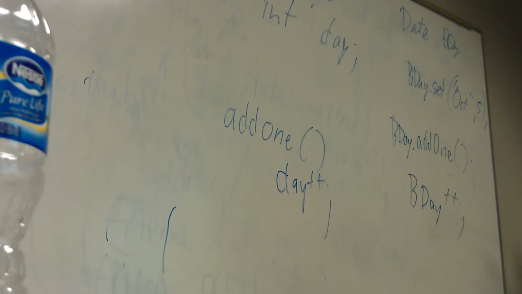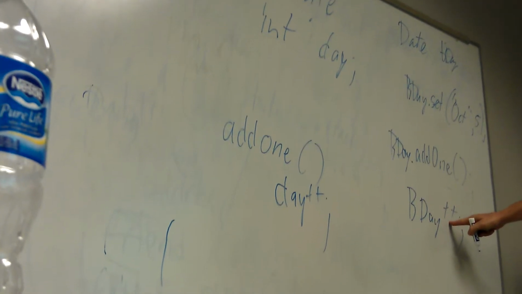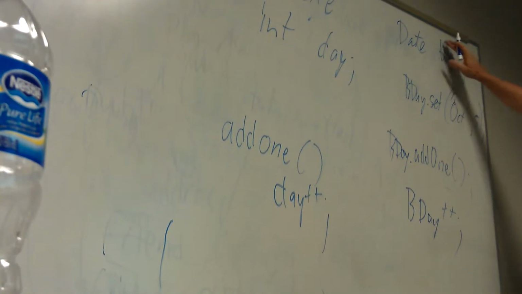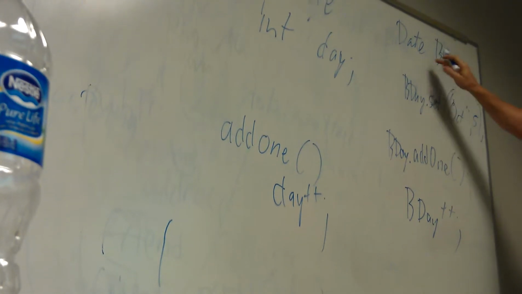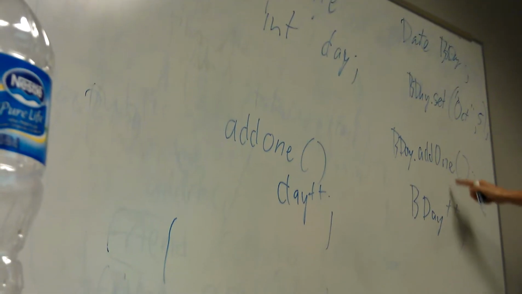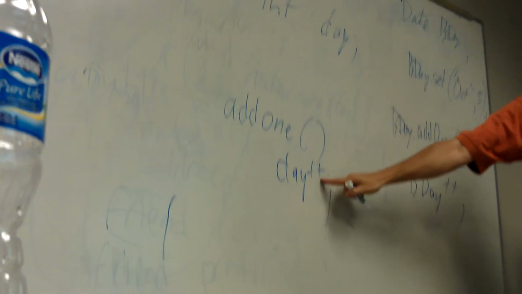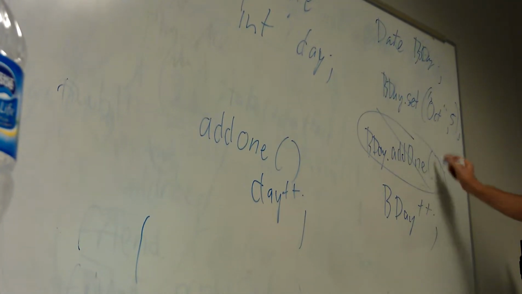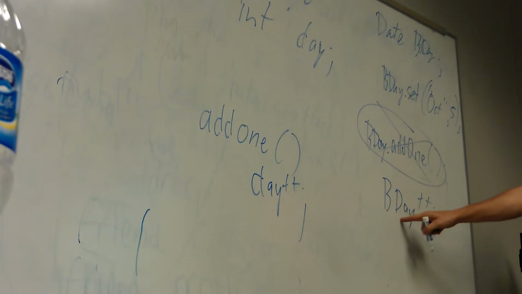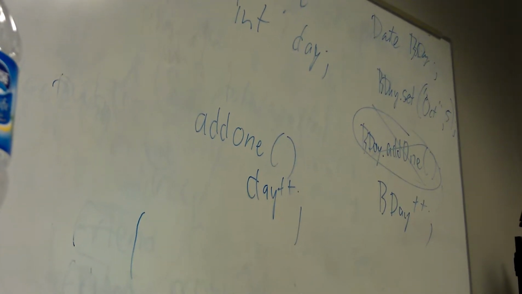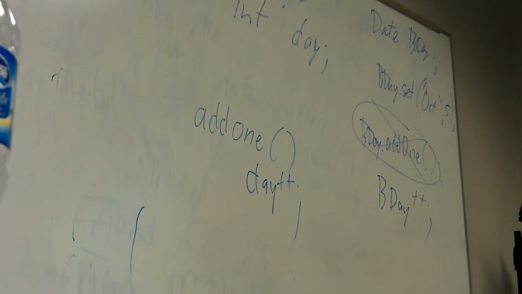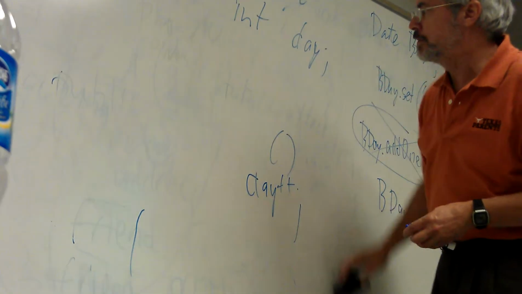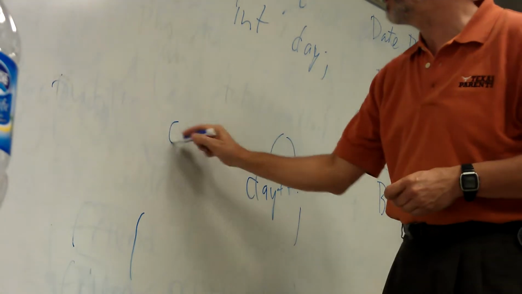Okay, I like this plus plus syntax. It's clean, it's crisp, it's easy to understand. I've got myself a birthday over here. It's a date. I could call a function called add1 that does this, but I don't want to use this. This is kind of ugly syntax. I just want to call it bday, and I want to be able to do plus plus on my class. Well, it's easy to do. All I have to do is change add1 to operator plus plus.